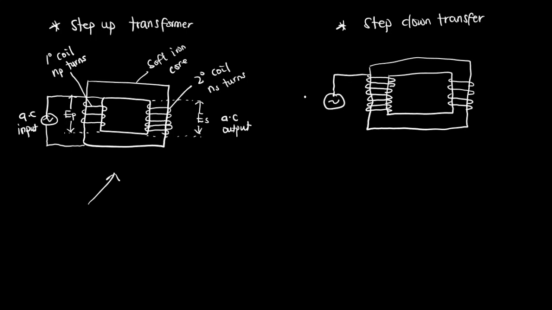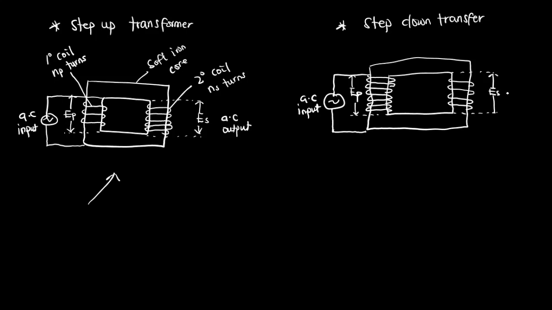So this is our AC input, and then the distance from here to here is our input EMF, or our primary EMF, and then over here is our secondary EMF.